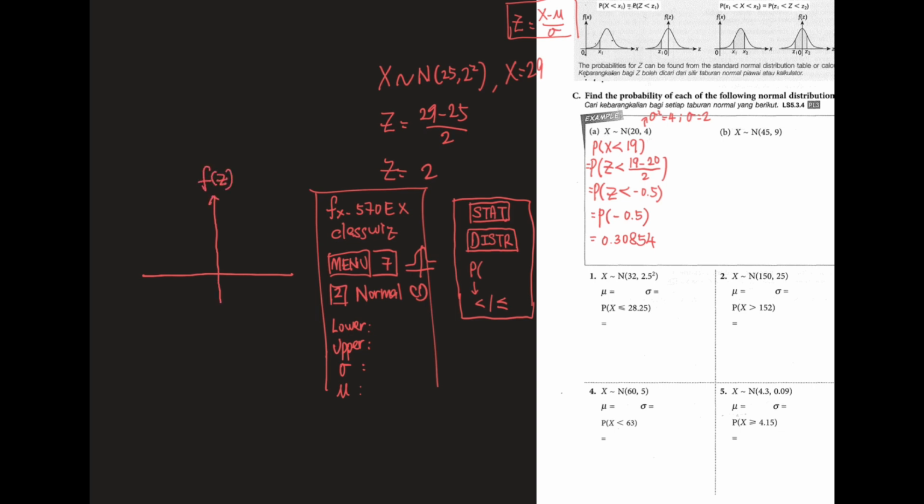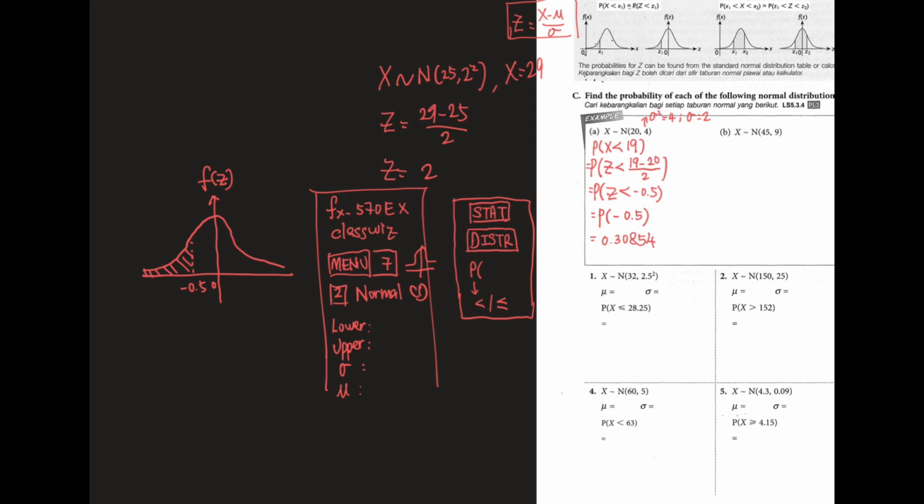Our Z value is negative 0.5, which is somewhere around here. Zero is in the middle, and we are looking for the probability less than negative 0.5. Less than negative 0.5 is here, all the way to the left.